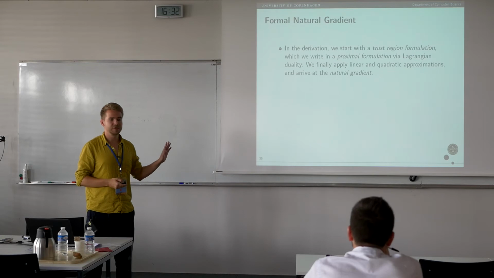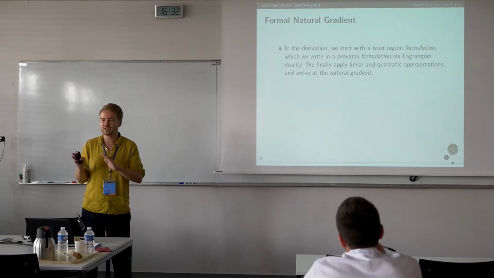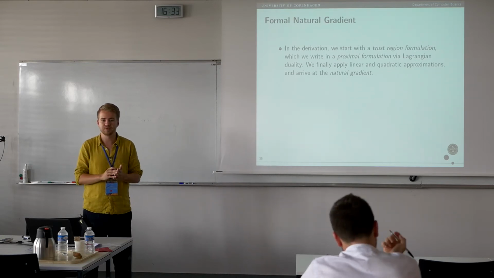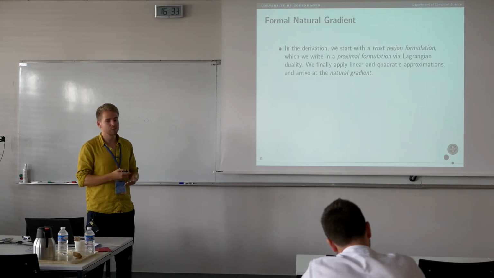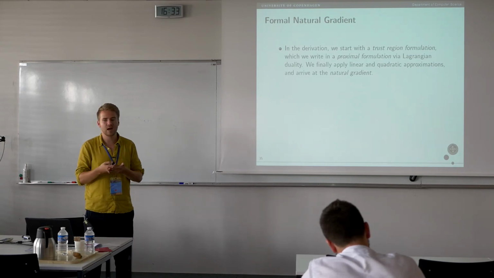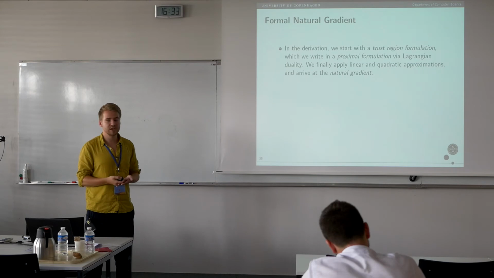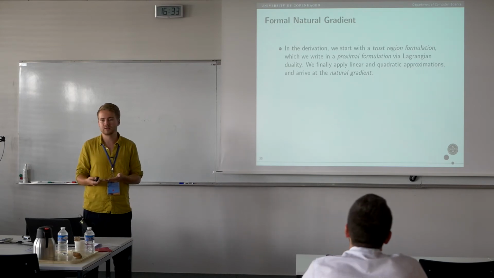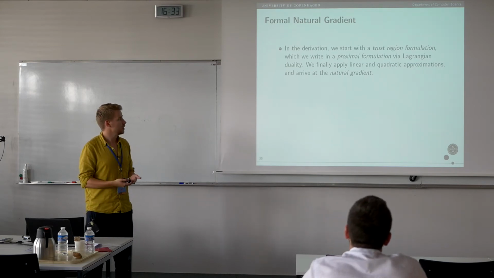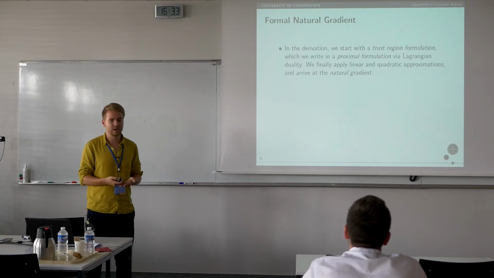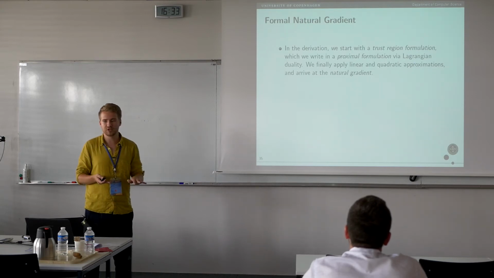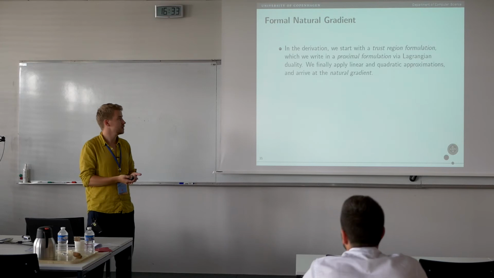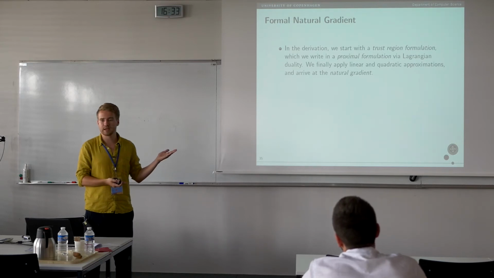Here is a small observation about the connection between different optimization problems. We start with the trust region formulation, and through the Lagrangian formulation, we get a proximal formulation. And finally, when we approximate the proximal formulation with these Taylor polynomials, we arrive at the natural gradient.